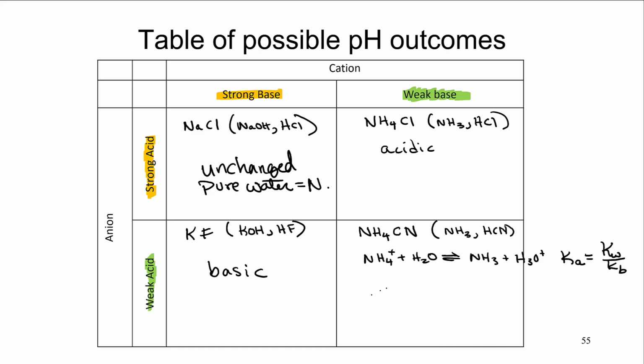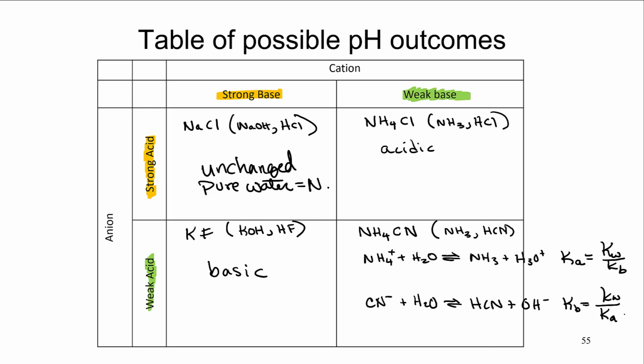And then cyanide is going to hydrolyze water, so I have CN- and I'm going to add water, and it's going to form HCN plus hydroxide, like this. And that's going to be a Kb reaction, but you're going to have to get that from a Ka.